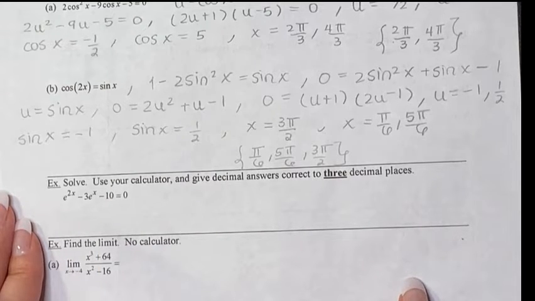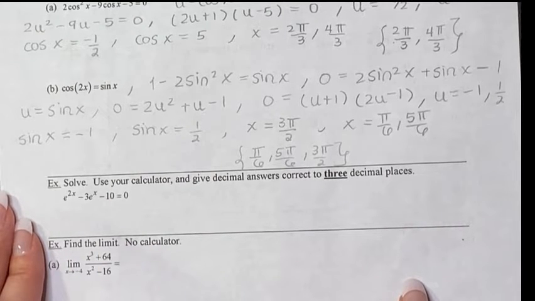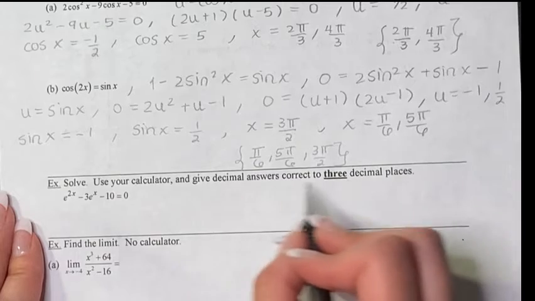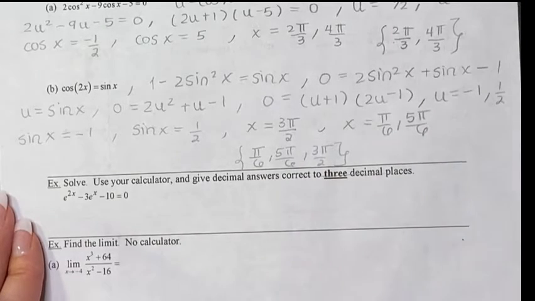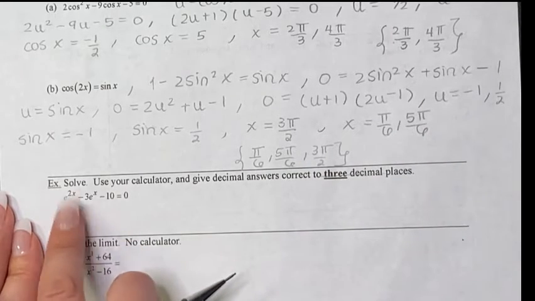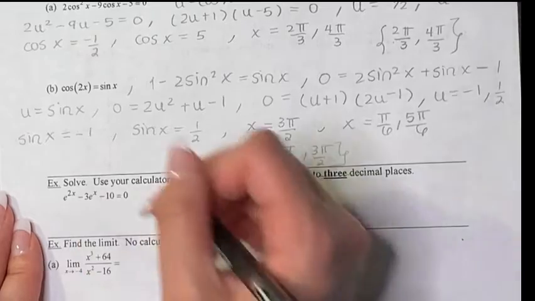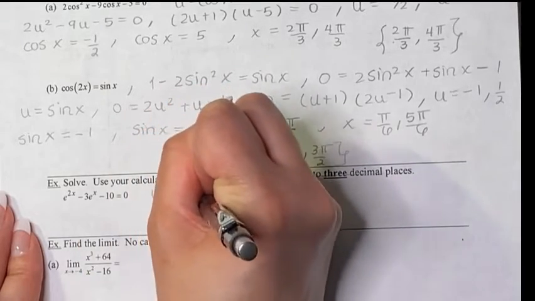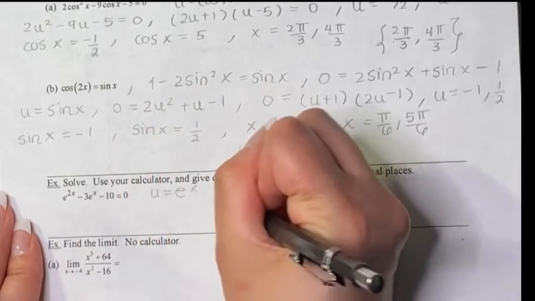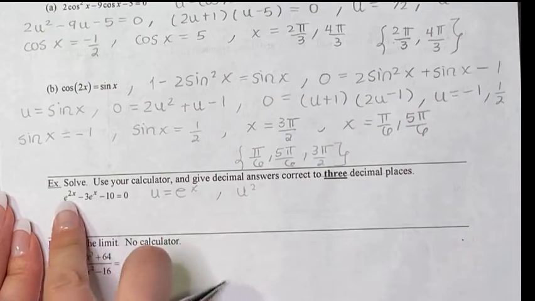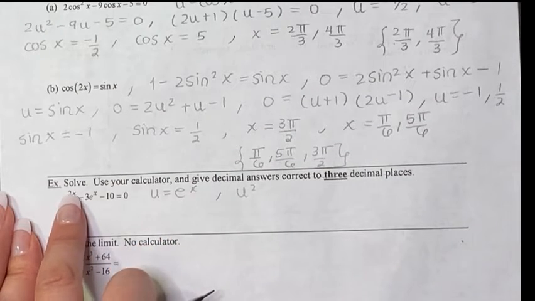This one comes from algebra 2. Actually, you don't need the 3 decimal places because I don't even want the calculator. If you don't remember this from algebra 2, remember that you're going to let your u be e to the power of x, having u squared, because the exponent properties work beautifully here.